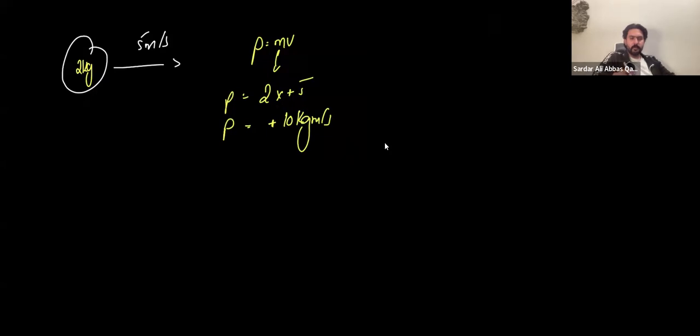Am I lagging for all of you? Okay. So it's going to be positive 10 kg meters per second. Now, why do I write this positive sign over here? Even if I do not write it, it does not really matter because 10 or positive 10 both represent the same thing.